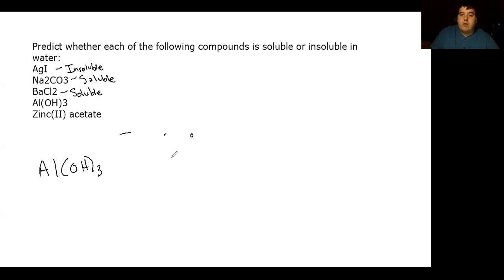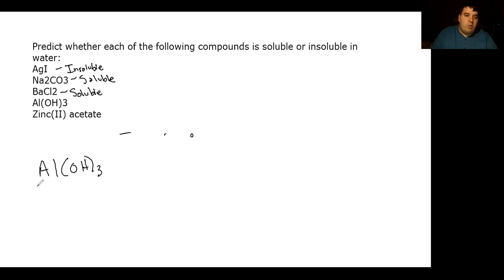Group 1 metals include your lithiums, potassiums, sodiums, calciums. Also, ammonium, I want to say, that causes the hydroxide to become soluble. And then those are the only cases we have.